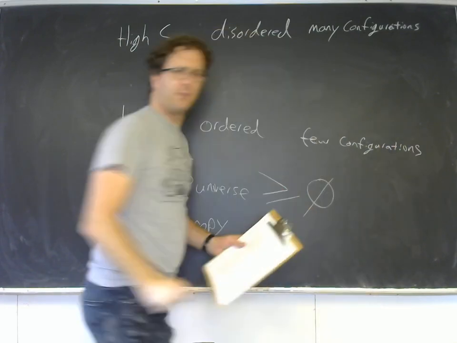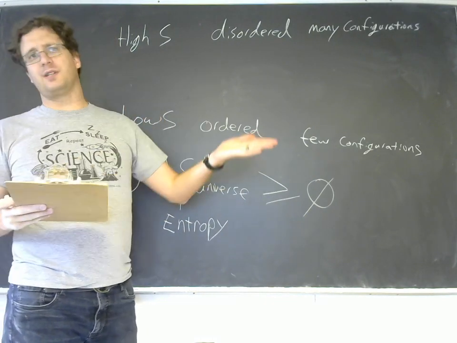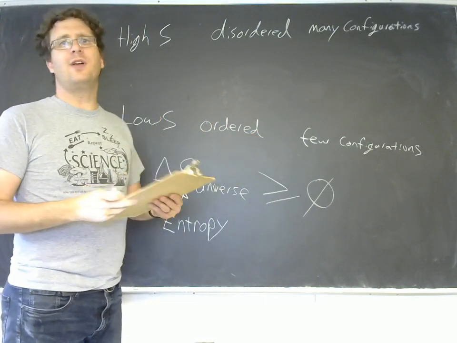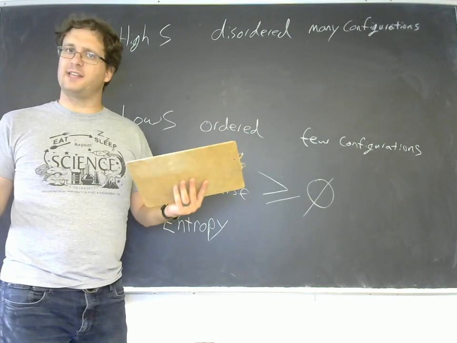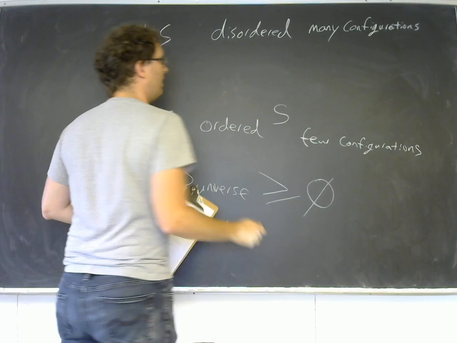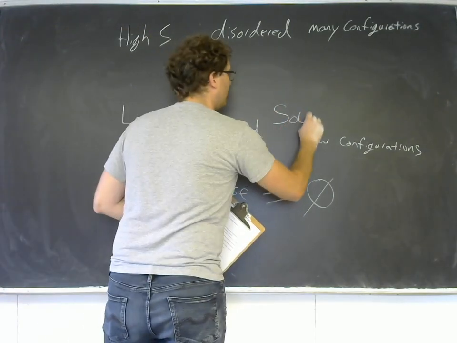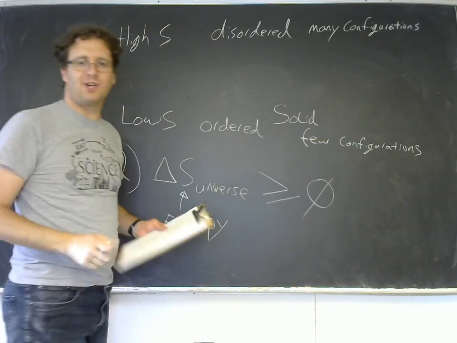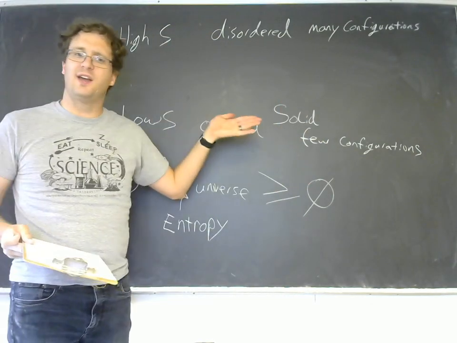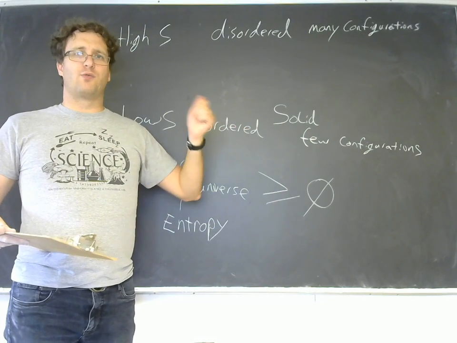And perhaps the easiest way to think about the orderliness on the molecular level is to think about our different phases of matter. And so a solid is down here at the, I'll write out solid, because S also means entropy. So a solid is down here at the low entropy side. The molecules in a solid are rigidly held in place.